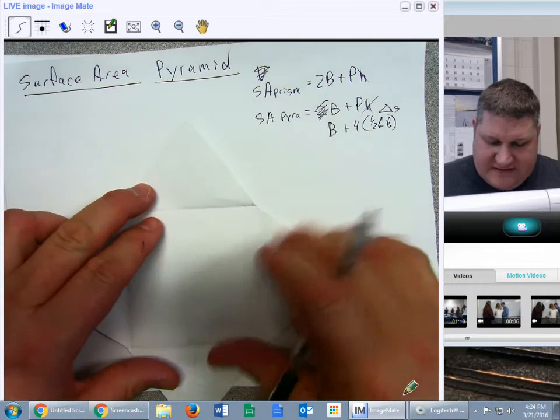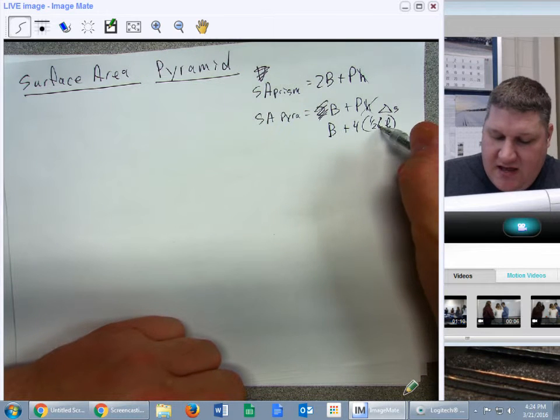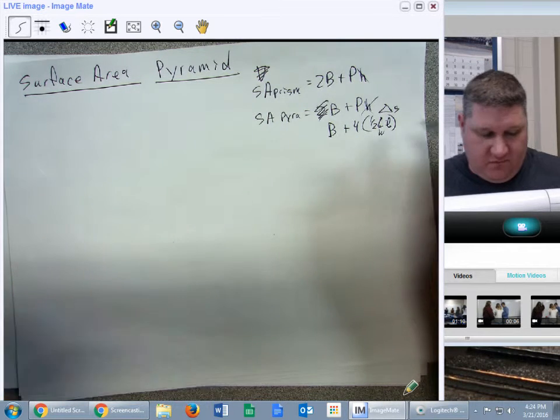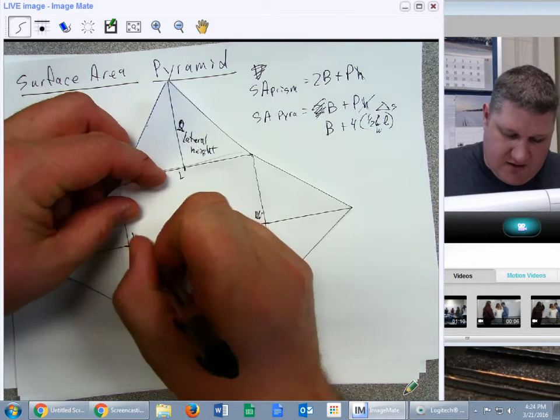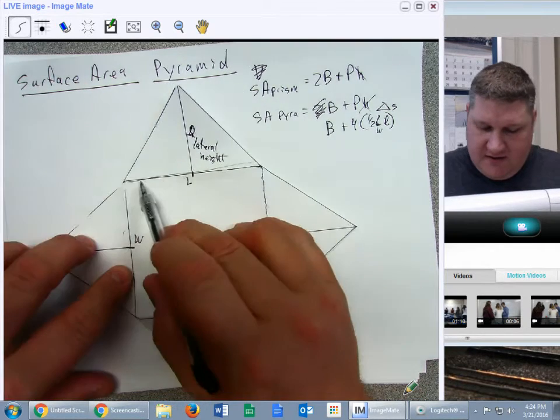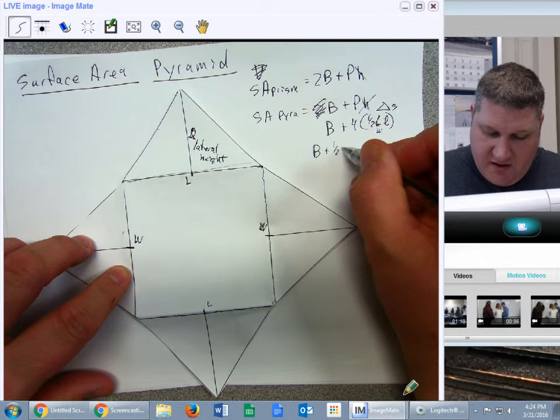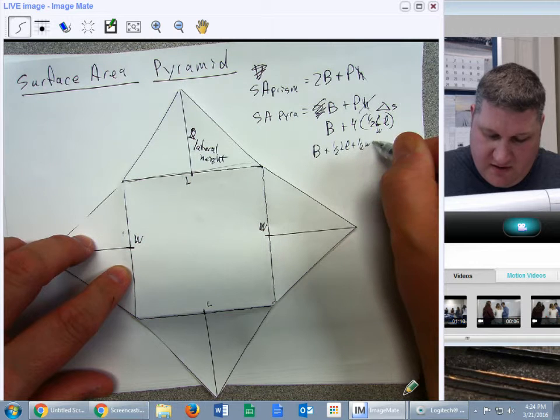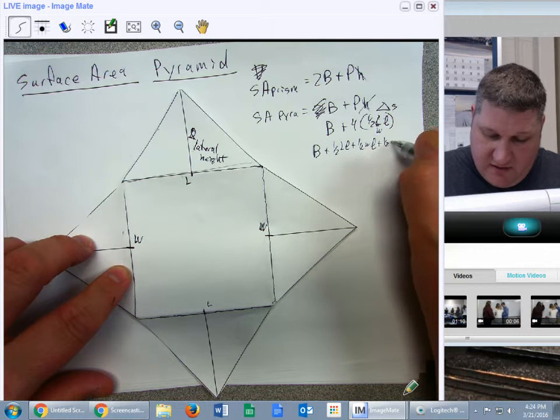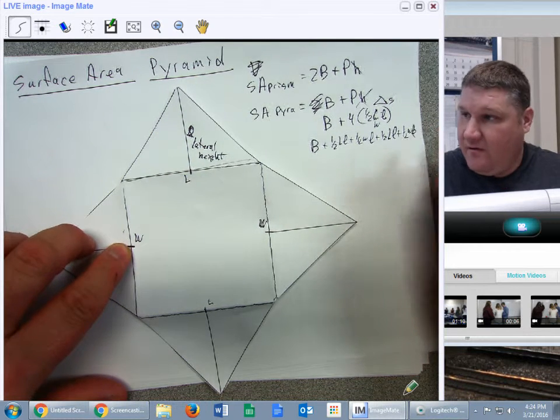Now, what if the pyramid is not a square, and now I have lengths and widths? Well, what I really end up with is a length, and if it's not square, a width and a length and a width. But wait a minute, length times width, so I have a base plus 1/2 length L plus 1/2 width L plus 1/2 length L plus 1/2 width L.